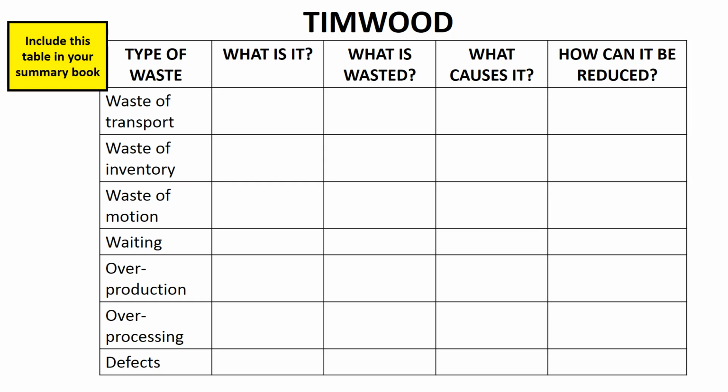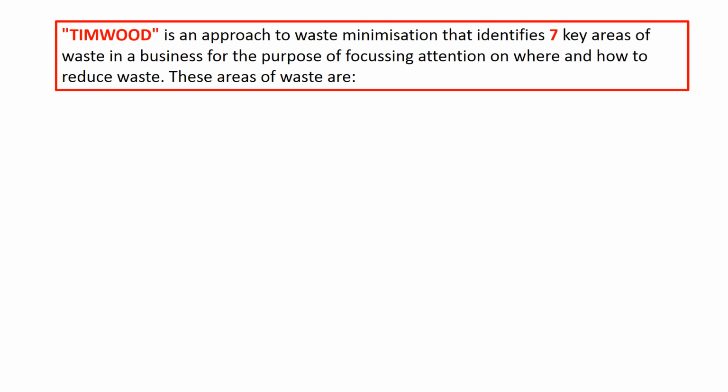You can use this table to summarise the description of TIMWOOD that I will give you over the next 8 slides. As I've said, TIMWOOD is an approach to waste minimisation that identifies 7 key areas of waste in a business for the purpose of focusing attention on where and how to reduce waste.